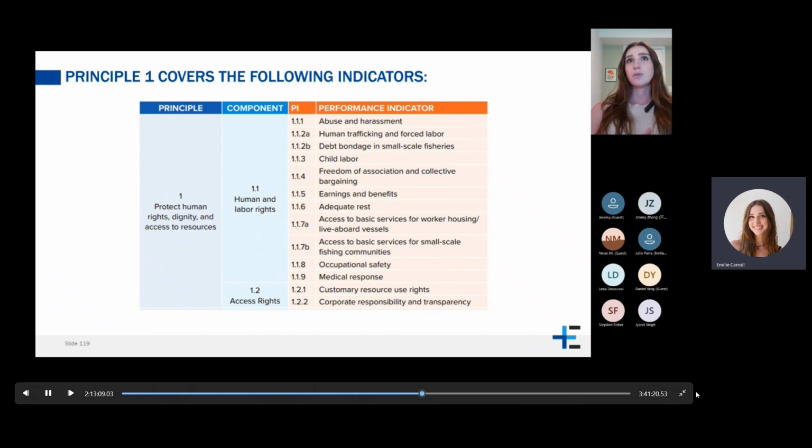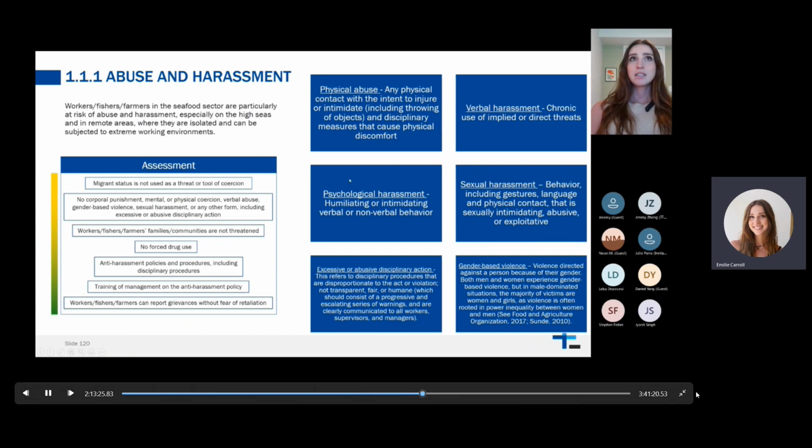So really, like I said, focused on the ILO core conventions and these base individual human rights. There's also then with access rights, a little more on the collective rights, but generally speaking, these are all kind of your core human rights. So before I get into the content on this particular indicator, I just want to frame how each of these slides is built out.